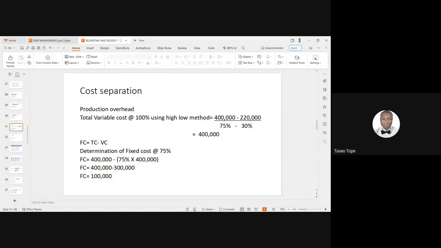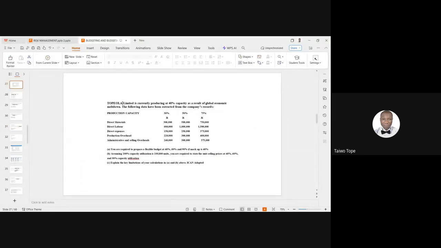Yes. So, based on this, if you are to work at 30% activity level, what will be the expression? For me, fixed cost should be 400,000 minus, take note, at 30% activity level, the 100% is 400,000, for variable costs.